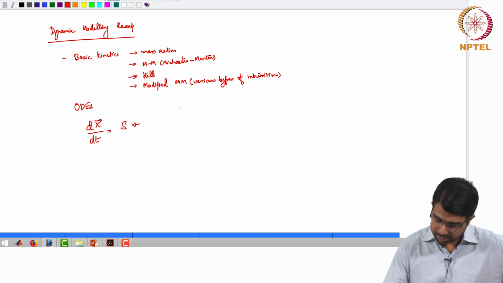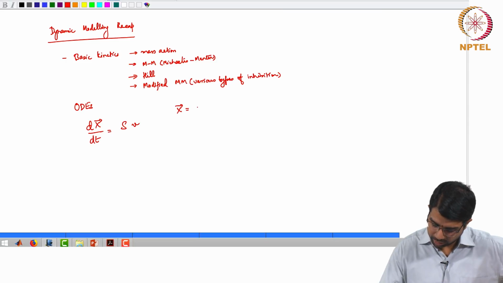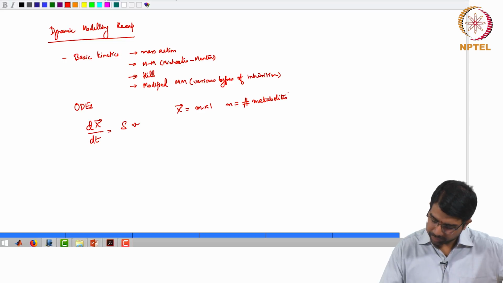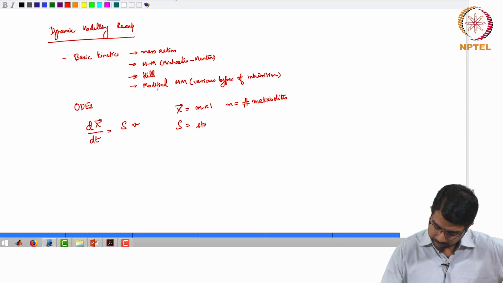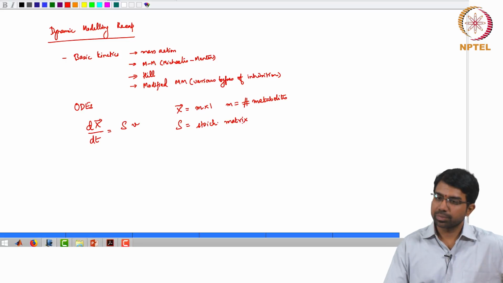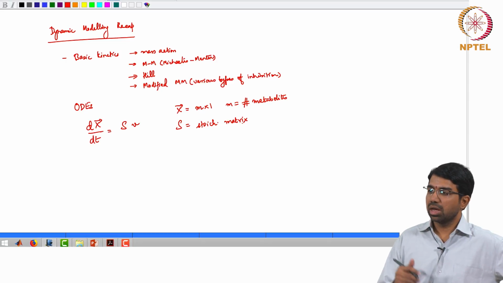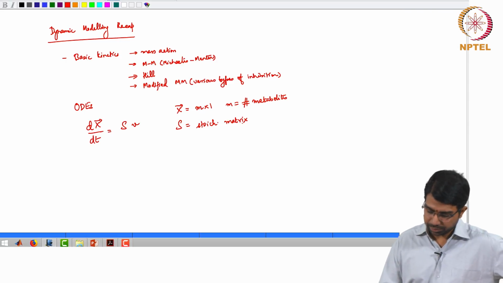Right, where X is your m cross 1 vector, m equals number of metabolites, S is the stoichiometric matrix which has negative coefficients for reactants in a reaction and positive stoichiometric coefficients for products in the same reaction.